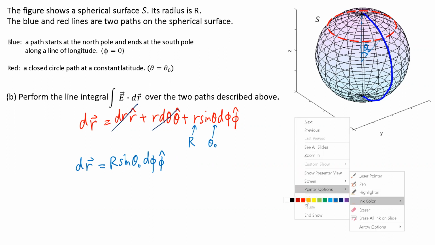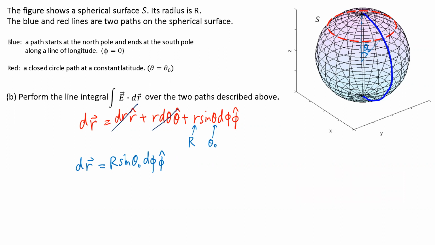Again, let's make sure that we understand the geometry. If I really look from the top and draw the path, it's like this. And we are walking like this. Let's say this is phi, and then this is d phi.